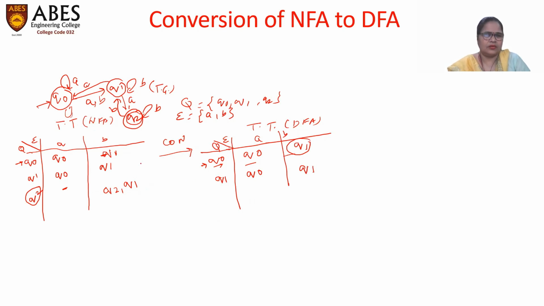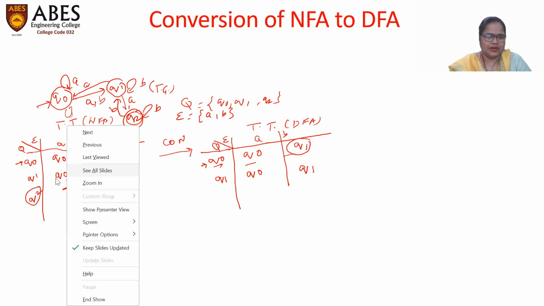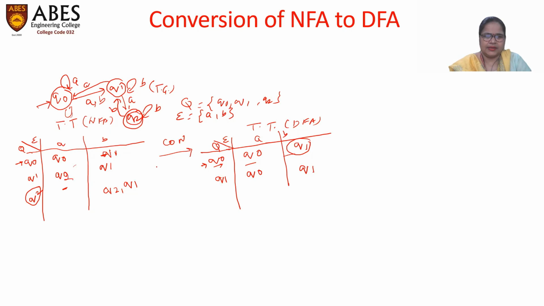Okay, right. Then suppose for the input symbols, B you are going to Q1, and for A you are going to Q2. Yes, this is right. You are going to Q2, so this state is traversed.